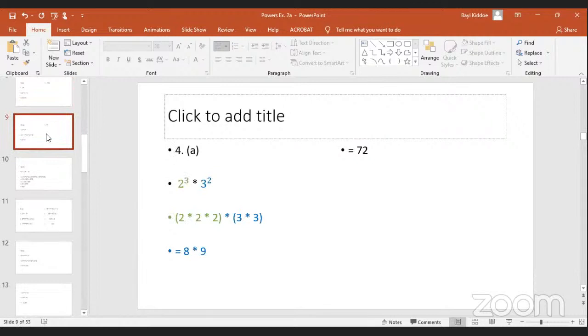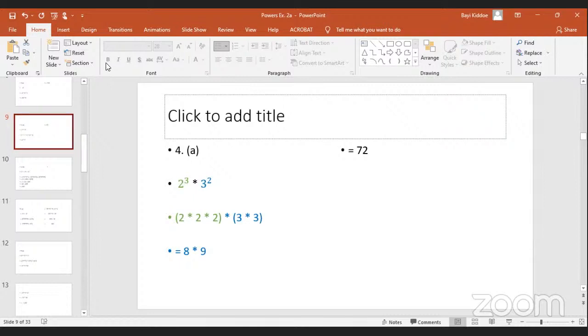Sorry, 4A. All right. We have 2 to the 3rd times 3 to the 2. So this is a bit different now. No longer are we only finding the powers. When you multiply the powers, we're expanding it to multiply them as well. With mathematics, we just take our time and do them in stages.